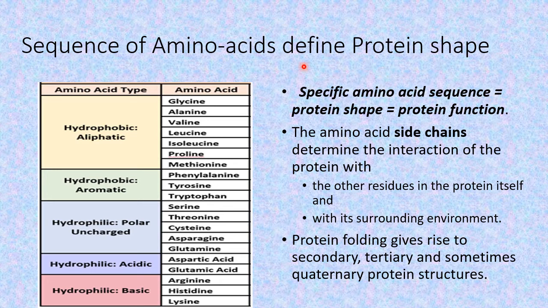Now we know that in a biological system there are 20 essential amino acids, and the R groups of these 20 amino acids differ in their chemical properties. On the basis of the nature of the R group present, these amino acids may be of different types.